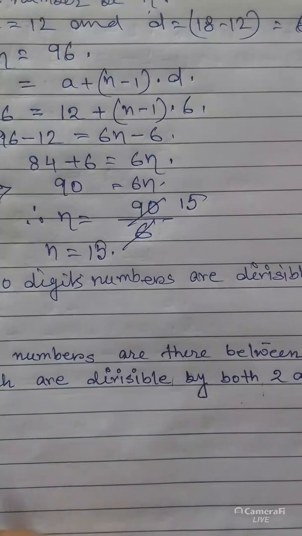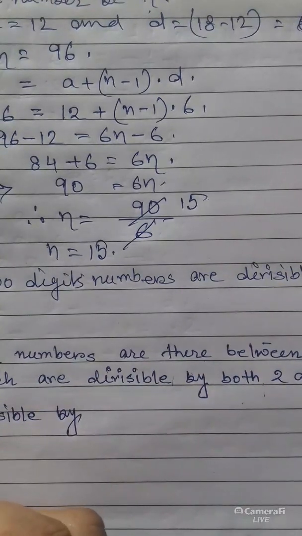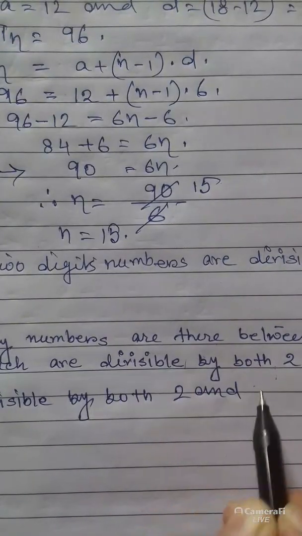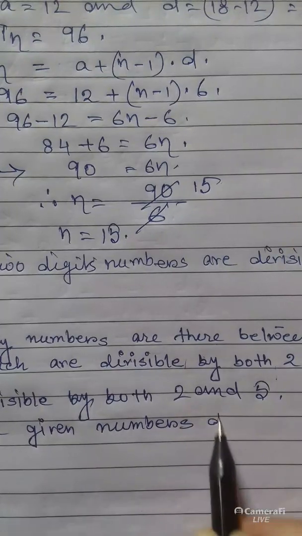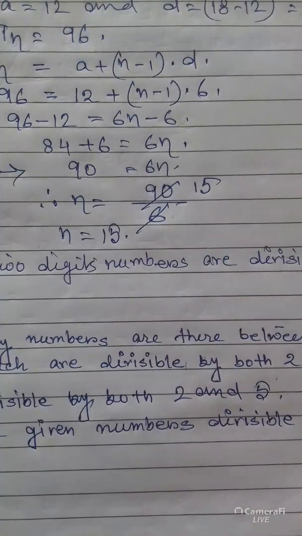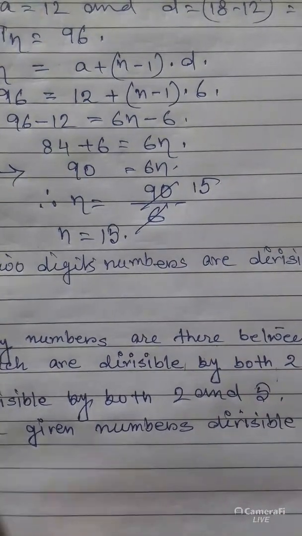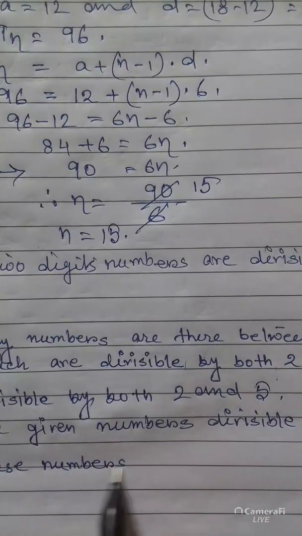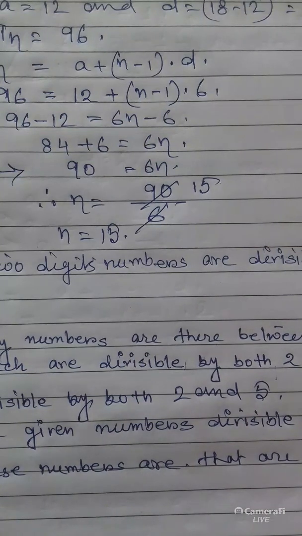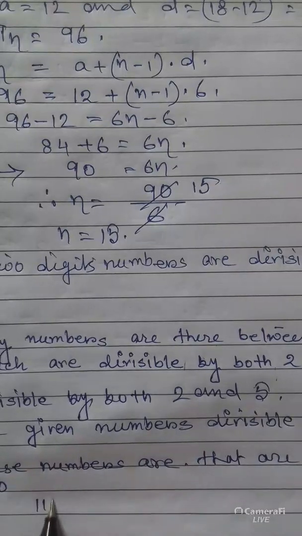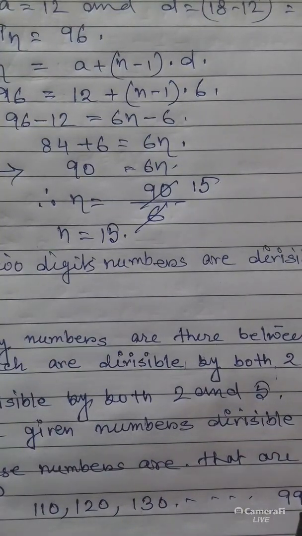So the numbers that are divisible by 10 and lie between 101 and 999: the first number is 110, after that 120, 130 up to 990. 990 is the last number.